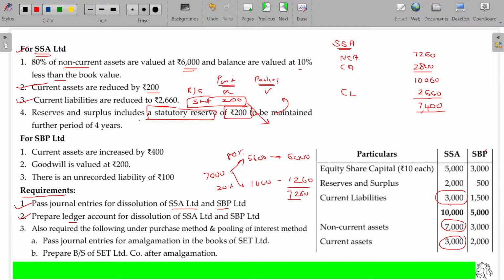Because of this, under purchase method, while passing the journal entry in the books of the transferee company, they have to maintain the statutory reserve account credit. As this 200 is shown on the credit side, the equivalent debit, named amalgamation adjustment account, will be maintained temporarily under purchase method. Under pooling of interest method, we need not worry because we maintain all the reserves and surplus.